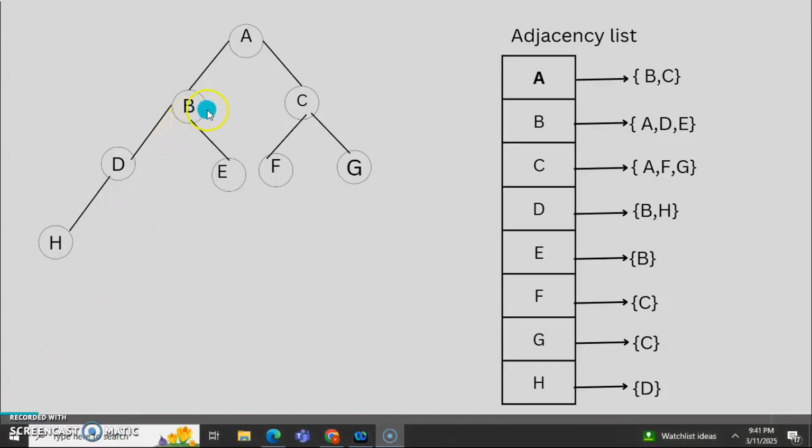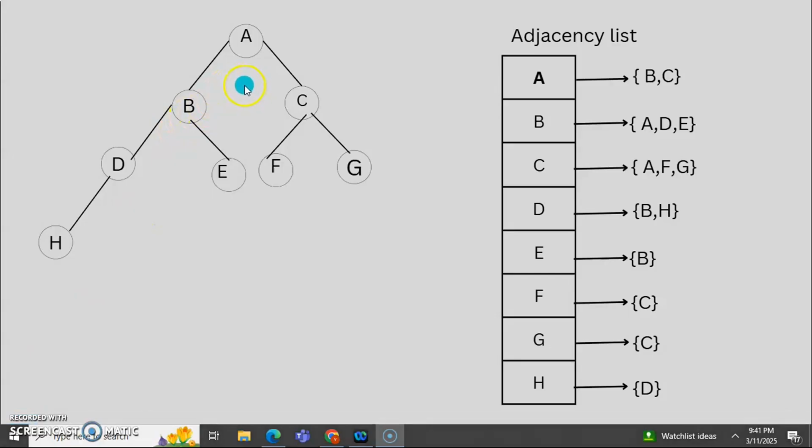Consider this graph where there are nodes A, B, C, D, E, F, G and H, and we are to prepare an adjacency list for this graph.